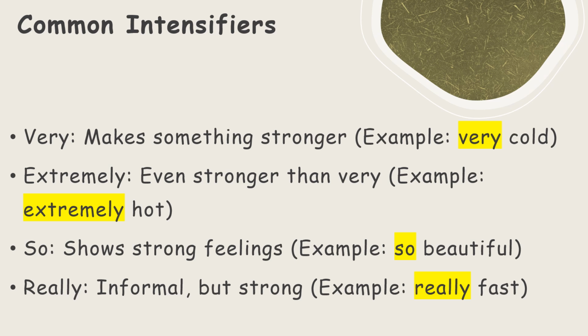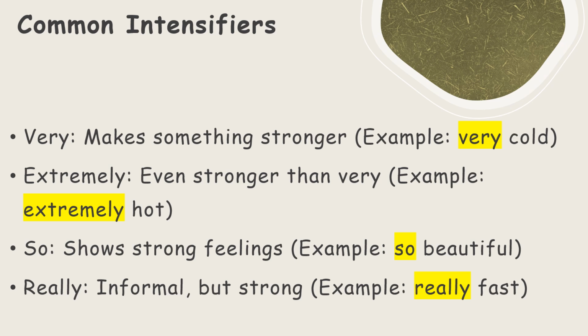Okay, again another word is so. It is usually used for showing your feelings. If you feel about something, I'm so excited, I'm so happy, it is so beautiful, it's so nice. So when you are sharing your feelings, you use the word so. And the next is really. It is an informal way, but it is also used to show a strong feeling or for strong things.